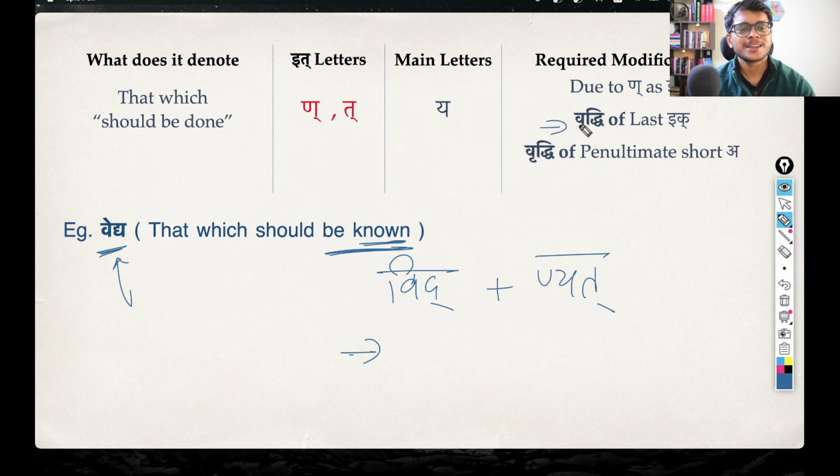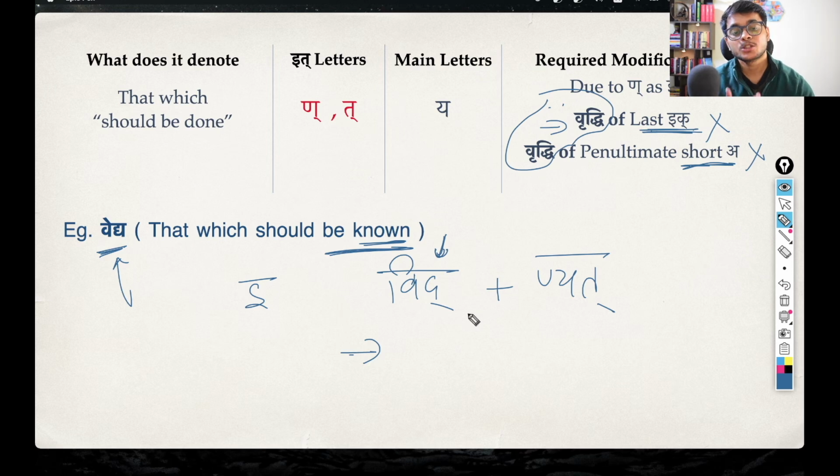So vriddhi of last ik. The dhatu here is ending with a consonant, so since we don't have any last vowel, this modification is not possible. Then vriddhi of penultimate short a. But in our dhatu here, the penultimate vowel is this i vowel. Okay, so since we don't have a penultimate short a, this modification is not possible. So basically these vriddhi modifications are not possible with this dhatu.